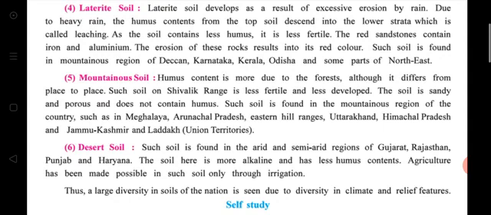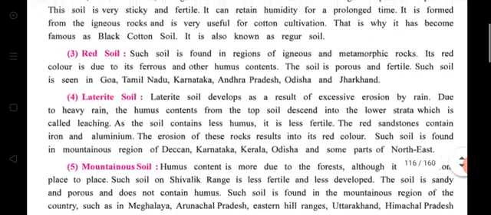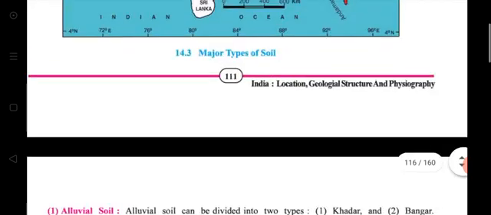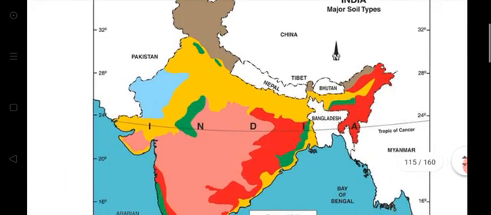Such soil is found in the mountainous regions of the country like Meghalaya, Arunachal Pradesh, the Eastern Hill Range, Uttarakhand, Himachal Pradesh, and Jammu and Kashmir and Ladakh, which is a Union Territory. We can see all the mountainous areas on the map.